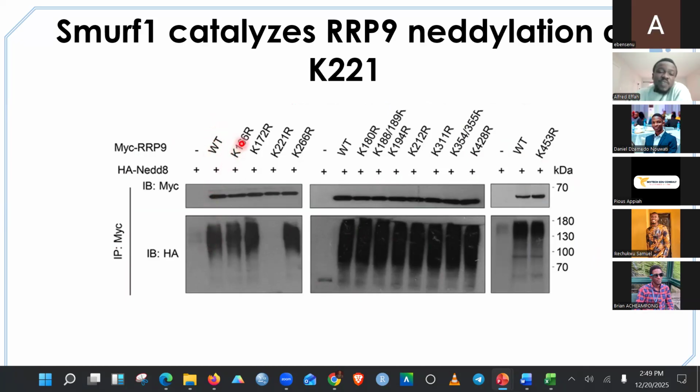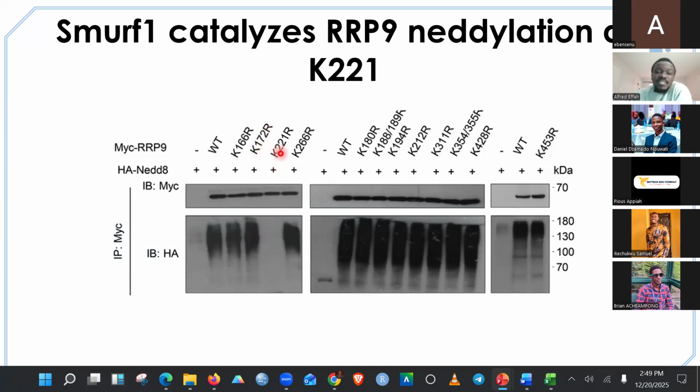Now on position 166, we've mutated lysine to arginine, but we are still seeing the band. It tells you that this is not the site where neddylation is happening. It's a different site. Position 172, lysine is converted to arginine. We are still seeing a band. It's not this position that is required.